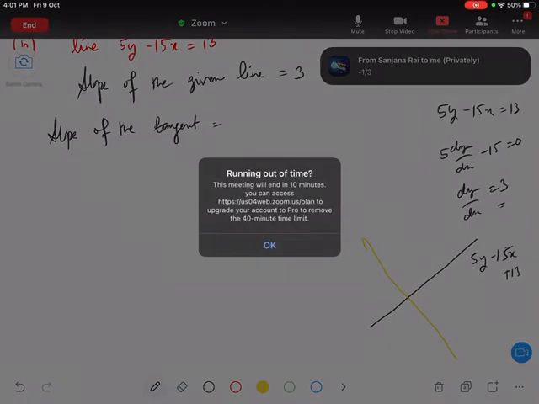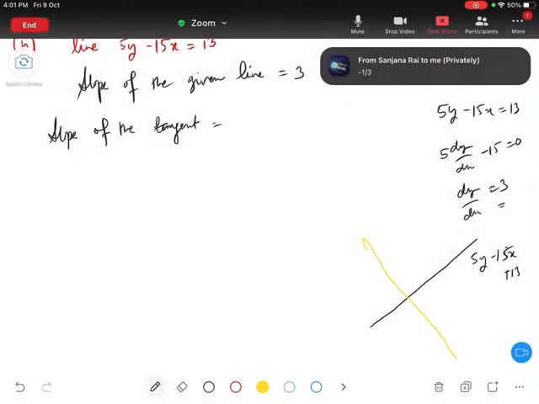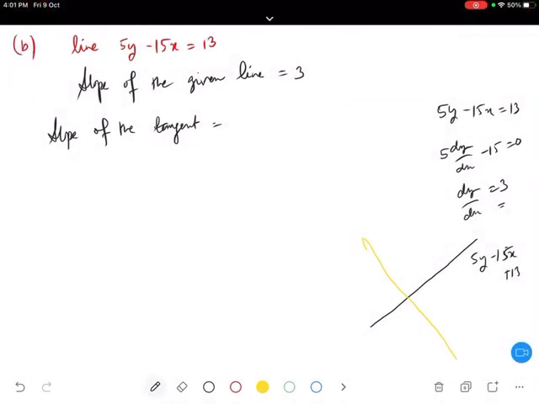Since they are perpendicular, it is just like tangent and normal. If the slope of the tangent is m1, then the slope of the normal will be minus 1 by m1.